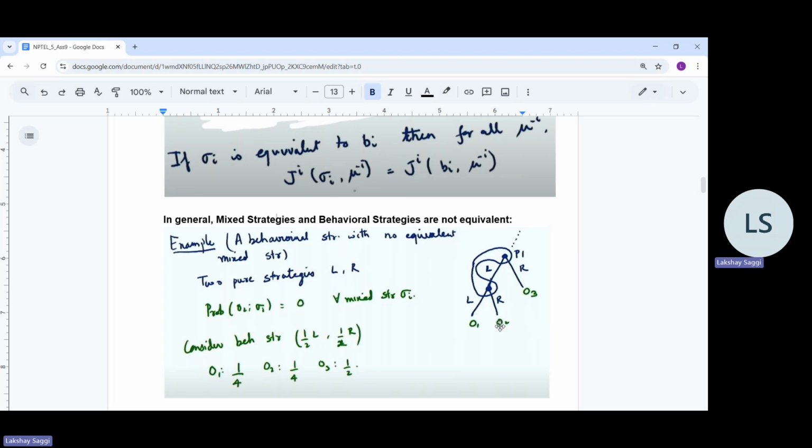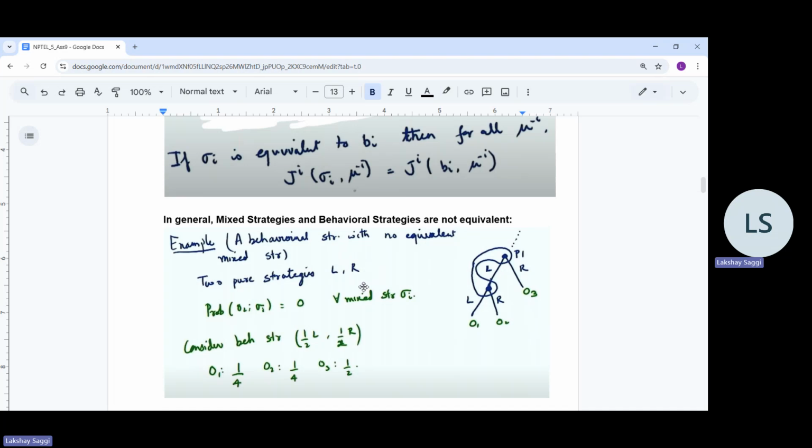And since a mixed strategy, this is where the definition of mixed strategy kicks in. In a mixed strategy, what we do is we first find the pure strategies and then choose one of the strategies at random, according to some distribution. So one of these L and R strategies will be chosen at random.